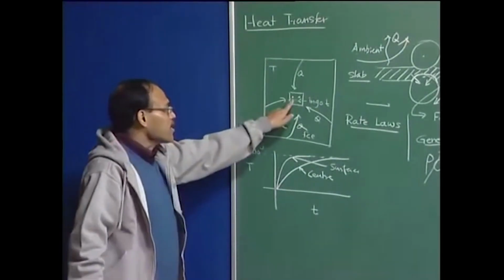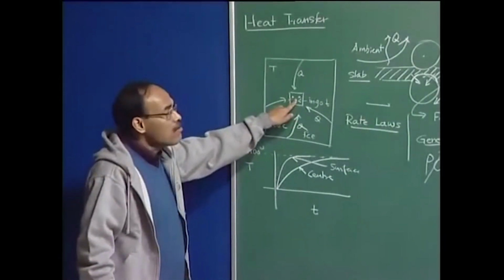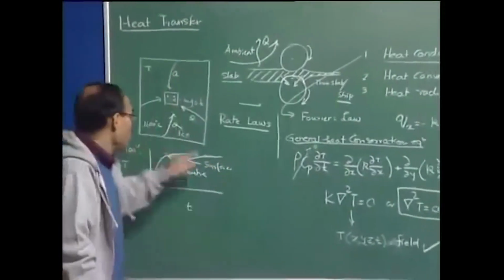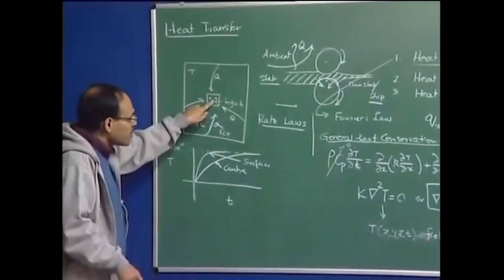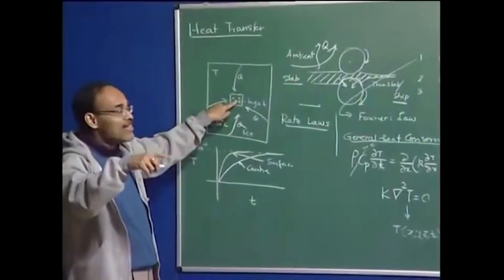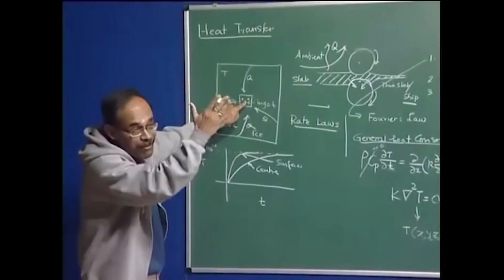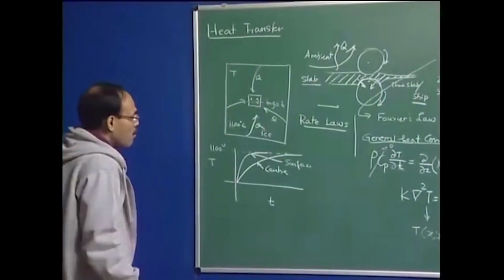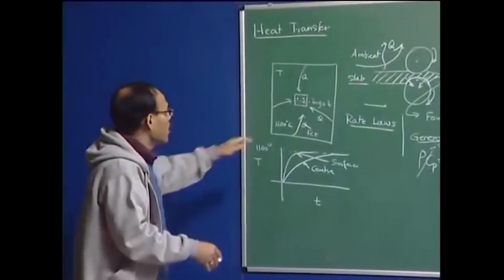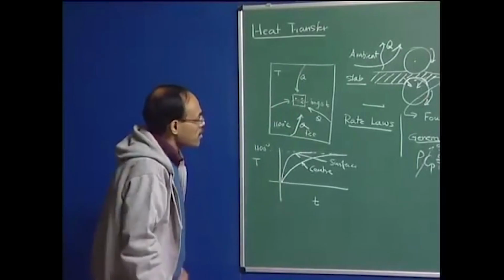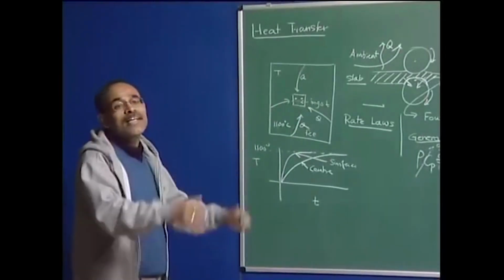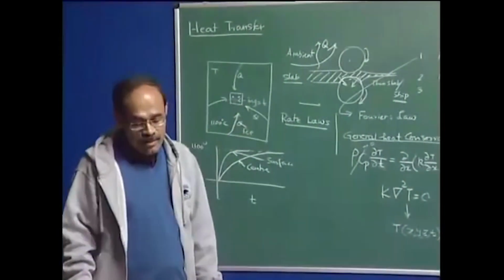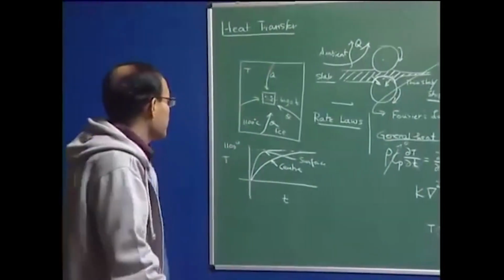So, having solved this equation, I will plot temperature at the center as a function of time from my numerical results, and then tell that after this time, for such and such furnace condition, I am going to get an optimum uniform temperature all through my solid, and the time required to attain that is going to be the optimum reheat time.